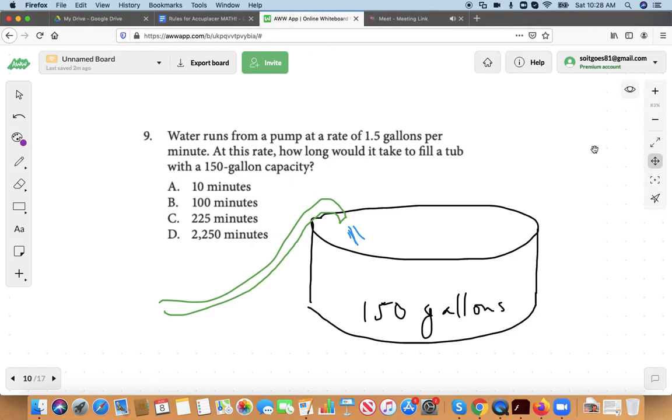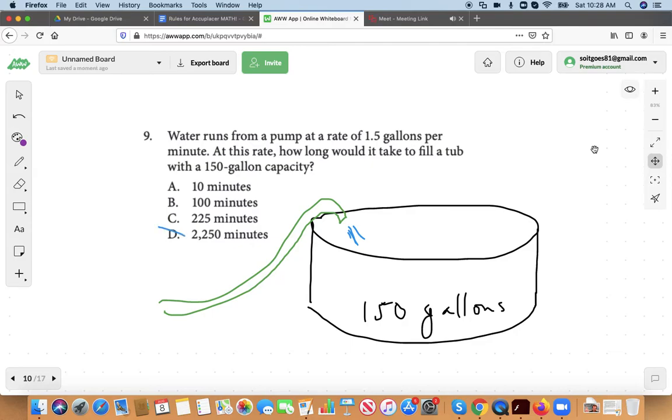That would have to be like an Olympic-sized swimming pool. Even if you think about it logically, you've got a 150-gallon tub, and water flowing at a rate of 1.5 gallons per minute. 2,000 minutes, that thing is going to be so overflowing. Again, that would be like an Olympic-sized swimming pool, I'm guessing. So I would get rid of D.